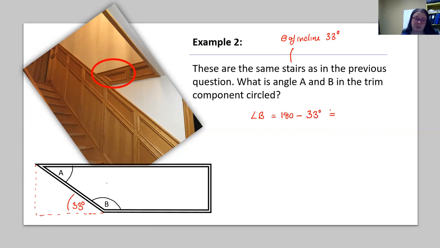And 180 minus 33 leaves me with 147. Pretty easy calculation, but we had to know what the angle of incline was first in order to figure out what that angle would be.